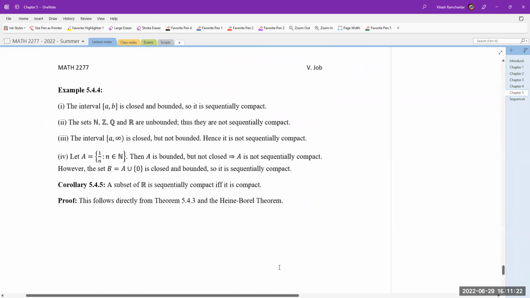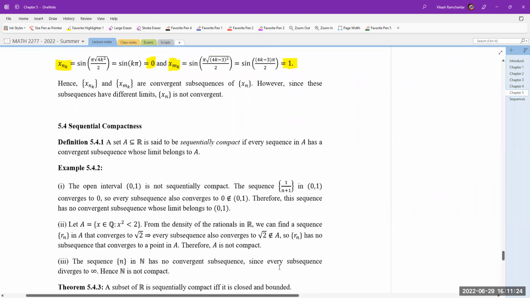So you could go through that. And the last thing we need to talk about is something called sequential compactness. We met compactness, I think in chapter 3, when we were talking about topological properties of numbers. That is the idea that every open cover has a finite subcover.